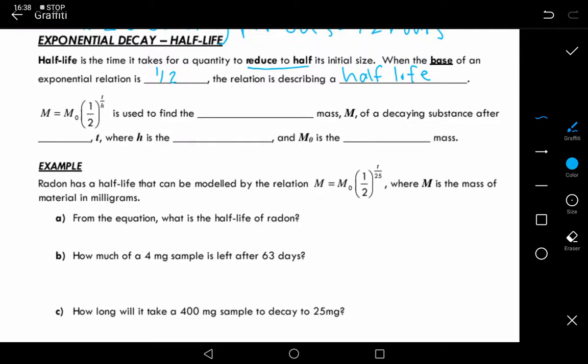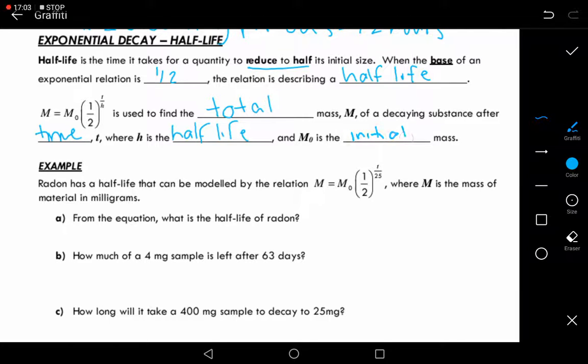So m equals m₀ times 1/2 to the power of t over h is used to find the total mass, which is m, of a decaying substance after time t, where h is the half-life and m₀ is that initial mass.